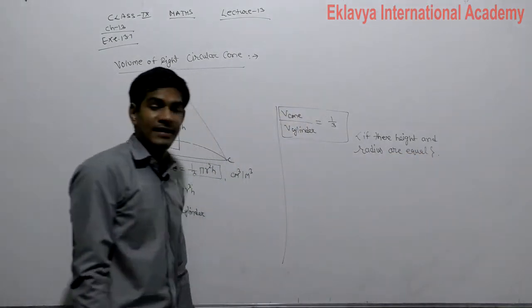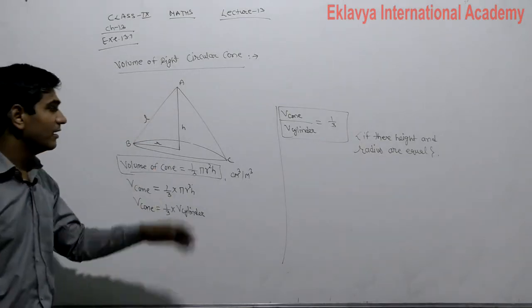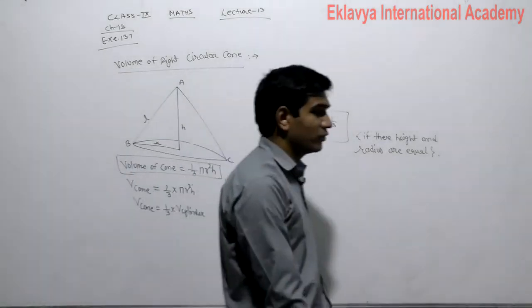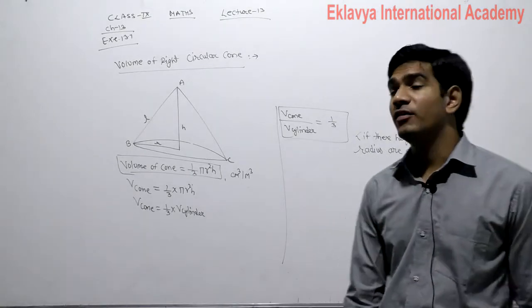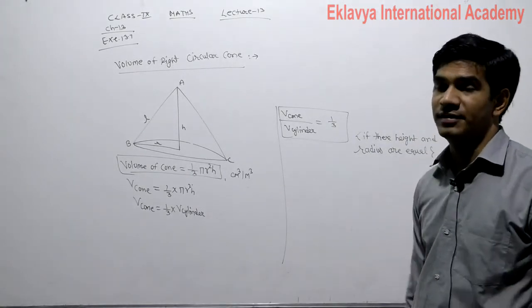If their height and radius are equal, then the ratio of the volume of cone to the volume of the cylinder will come 1:3.